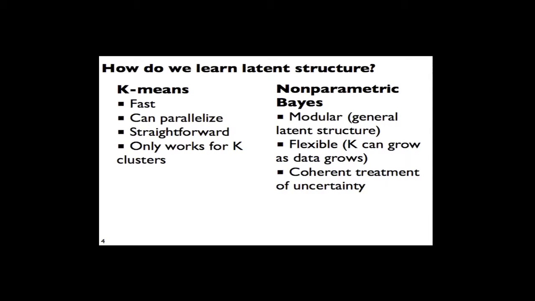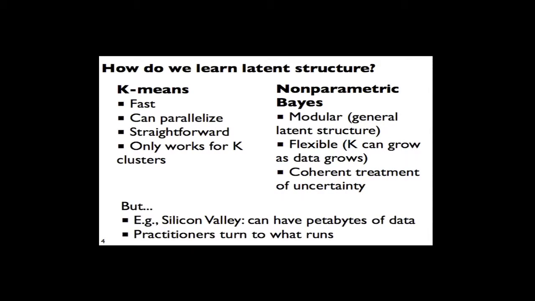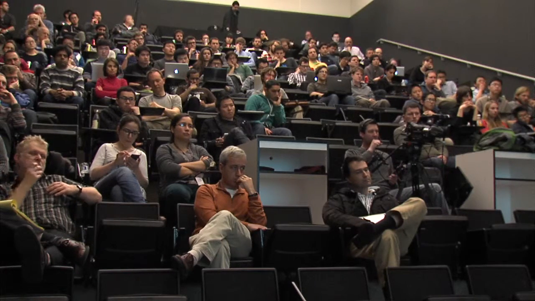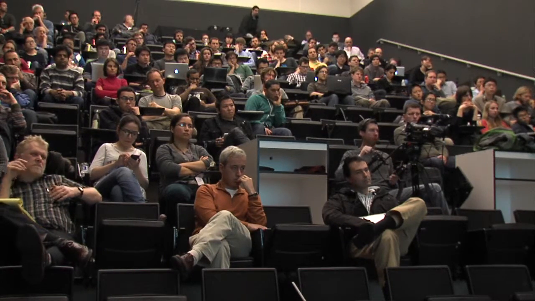Now, this is all well and good, but I might have a huge amount of data, and I can't take the time to formulate these models, and I certainly can't take the time to run them on my data. So I give up on them and say, well, at least I can run K-means.